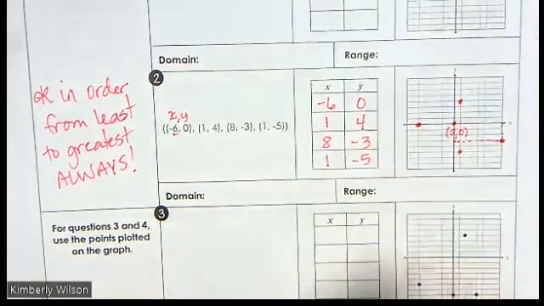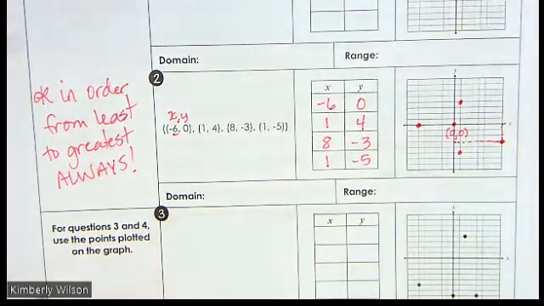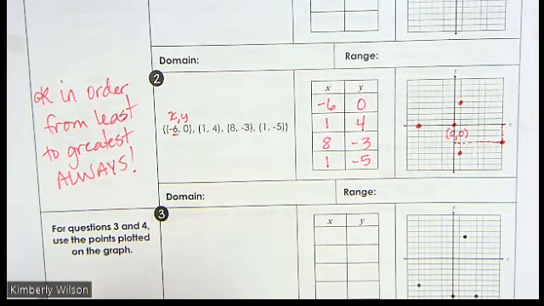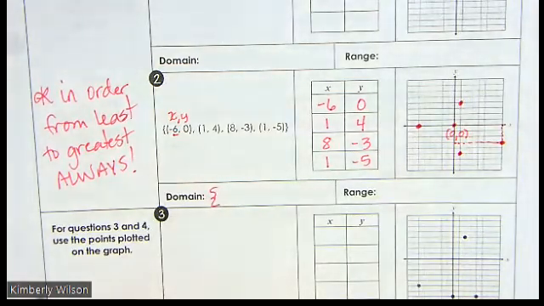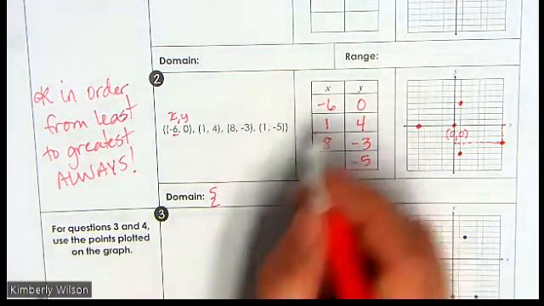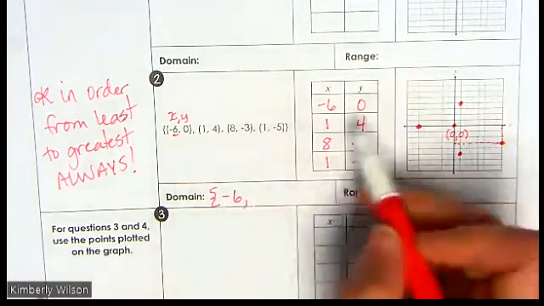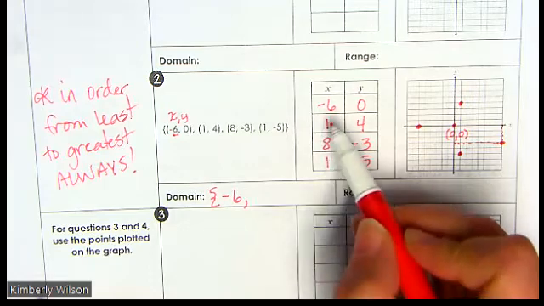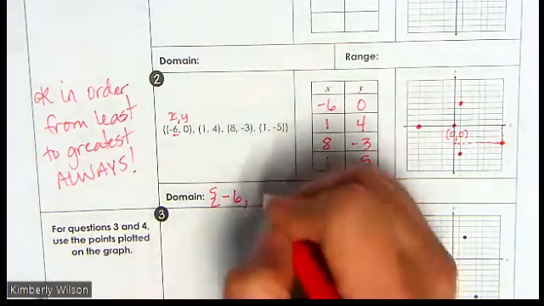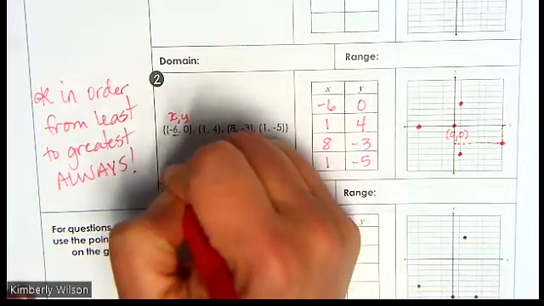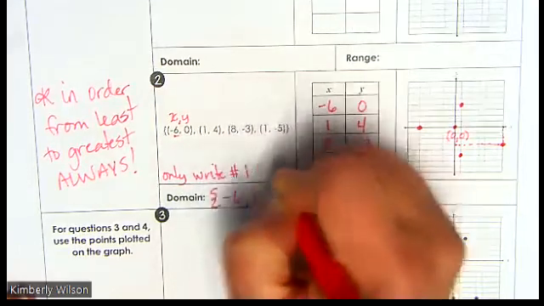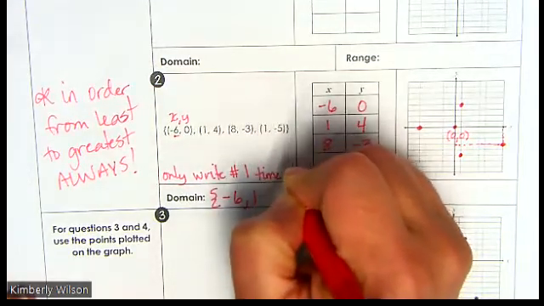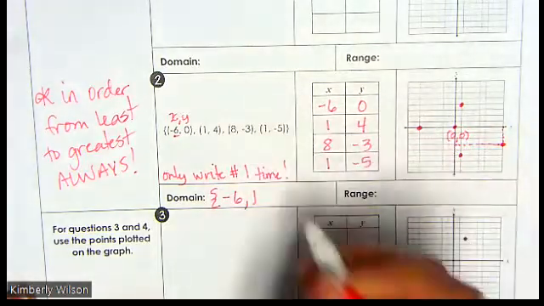Now, this is where things are different, or not necessarily different, when we write the domain. We put this in set builder notation. And again, we write it in least to greatest order. So I start with -6. Now, I notice there are two 1s in the X, so you only write it one time.